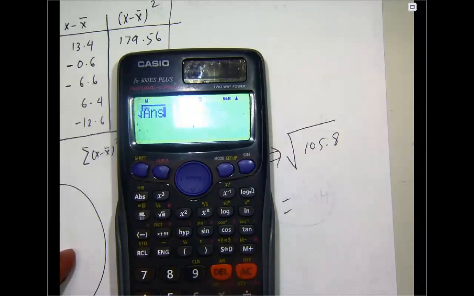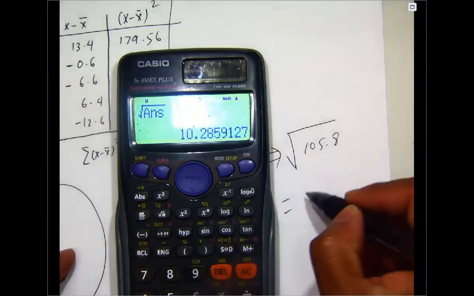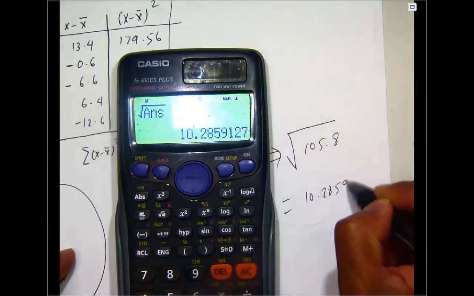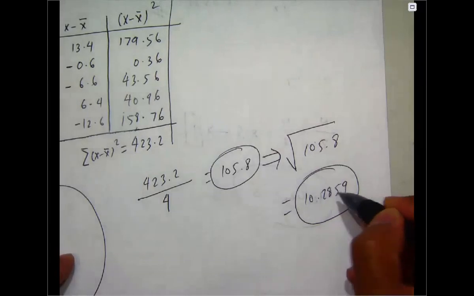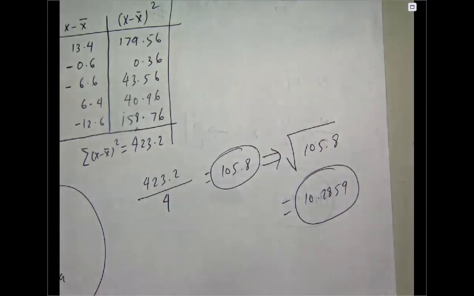The square root of your answer is 10.2859. Sometimes this is your final answer. This is the standard deviation. Sometimes they ask you to round it to 1 decimal place, sometimes 2 decimal places. So just follow the instruction and give the answer. But that's your standard deviation.